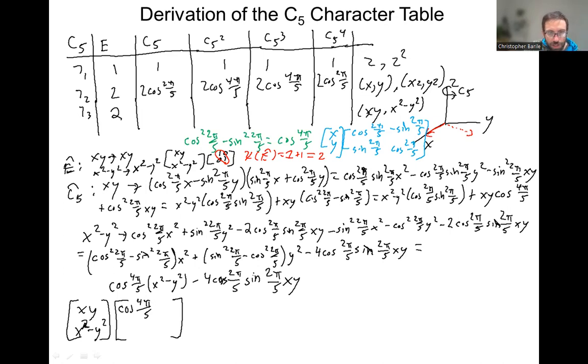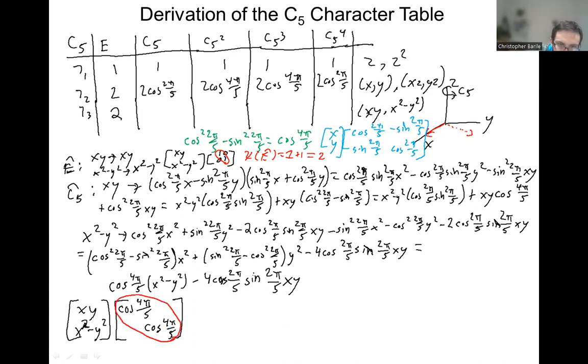And then for x squared minus y squared, it doesn't matter because when we take the trace of the matrix, we're not going to be adding up those off-diagonal components. When we look at x squared minus y squared, we do the same sort of thing where we just care about this on-diagonal component, the component that's times x squared minus y squared. And notice that that's also cosine 4 pi over 5. So things end up simplifying quite a bit.